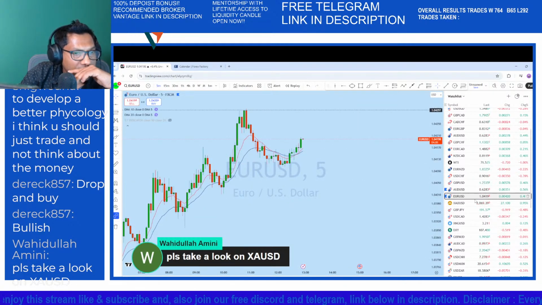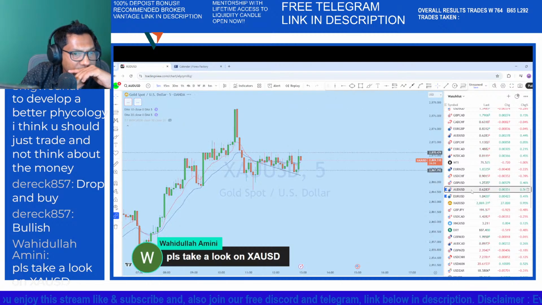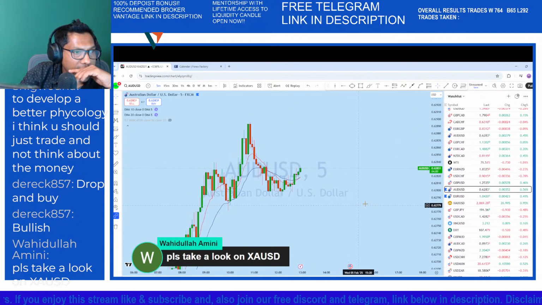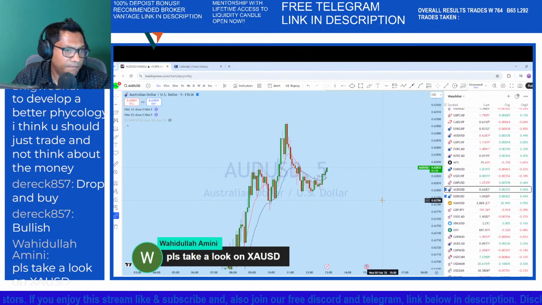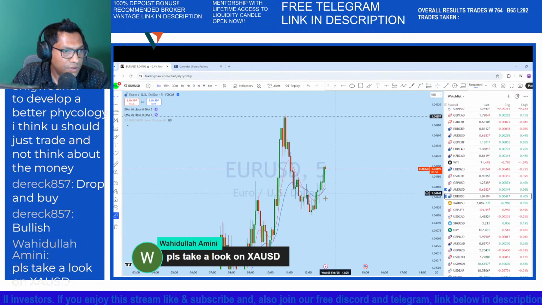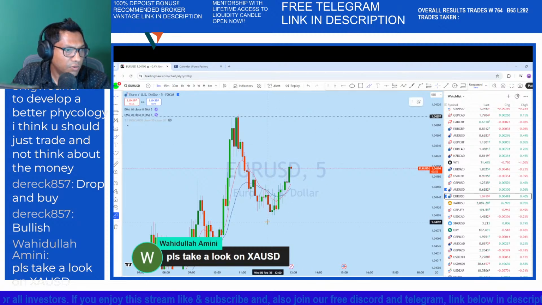Euro dollar, XAUSD, AUDUSD. Absolutely. Euro dollar, we can see that move on euro dollar. Market is forming a series of higher lows.